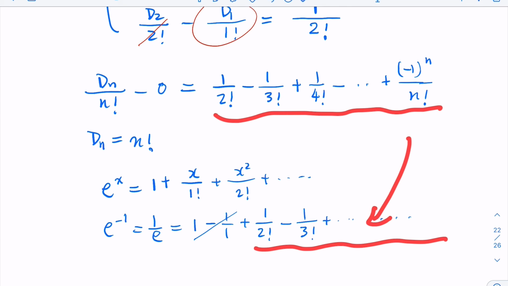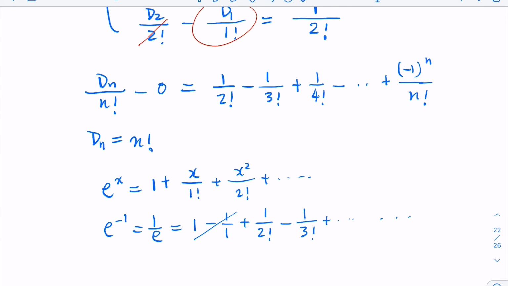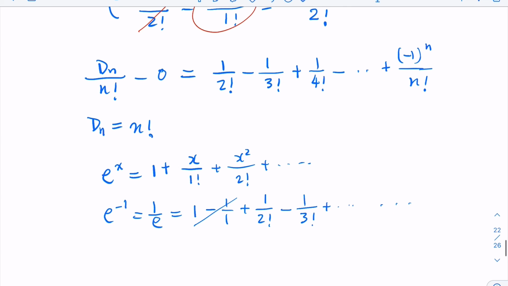Okay, so here now usually if we only keep the finite terms, right? Yeah, so you can say that's equal to some finite terms until negative 1 to the n over n factorial plus the remaining one you can consider as error term, right? So this is the remainder term, not this big R. Just say the remainder term has some value here, right?